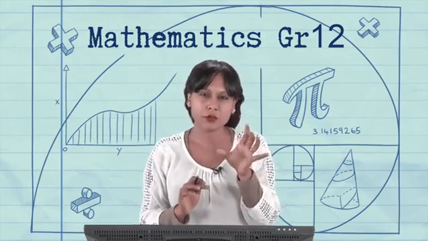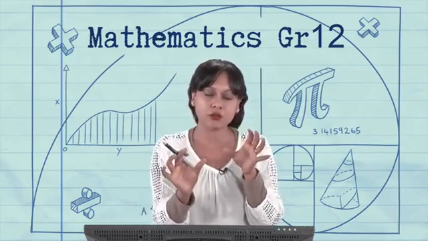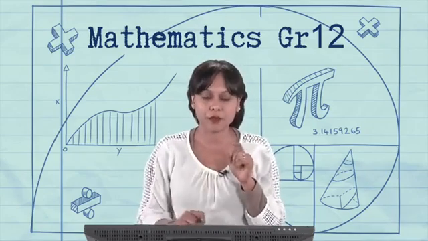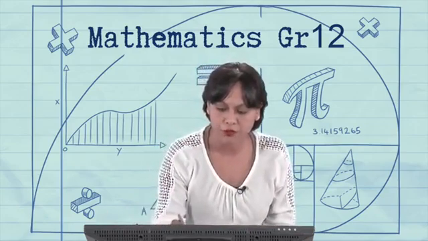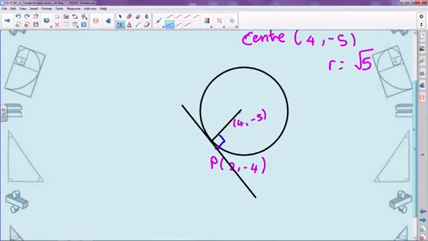That was an important point because if I've got the two points, I can use them to work out the gradient of this tangent. So if you look back at your drawing, we've got the point (4, -5), and we know that the radius is perpendicular to the tangent. Therefore, the angle between the two lines is going to be 90 degrees. So we've set up all the information that we've got, and we've drawn it on our diagram.